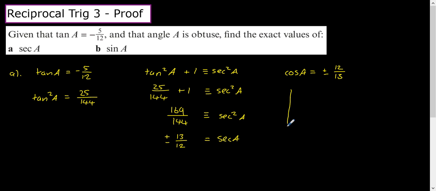And I'm going to think about the cos graph for a second. There's my cos graph. Some of the key values, I know that that's 90. I know that here, down the middle here, is 180. Now, this is where the obtuse part comes in. If the angle is obtuse, it means that A, the angle, has to be between 90 and 180.